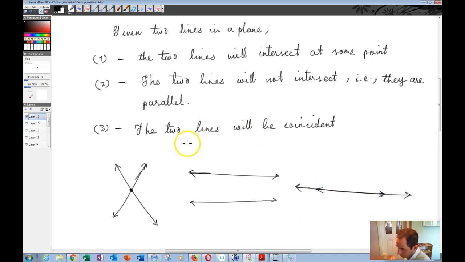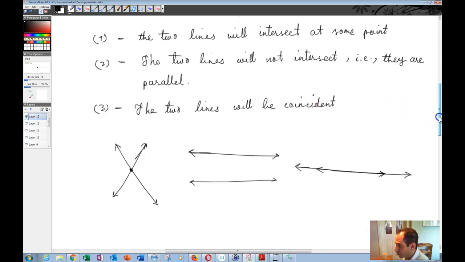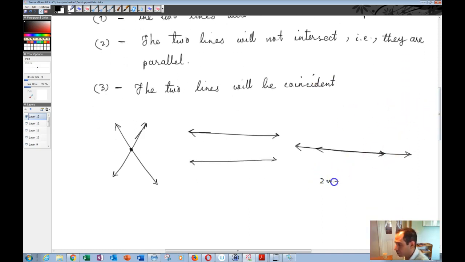Of course, their algebraic representation might seem to be a different line. For example, you could have 2x plus 3y plus 5 is equal to 0, and then another line, 4x plus 6y plus 10 is equal to 0, and they seem to be two different lines.